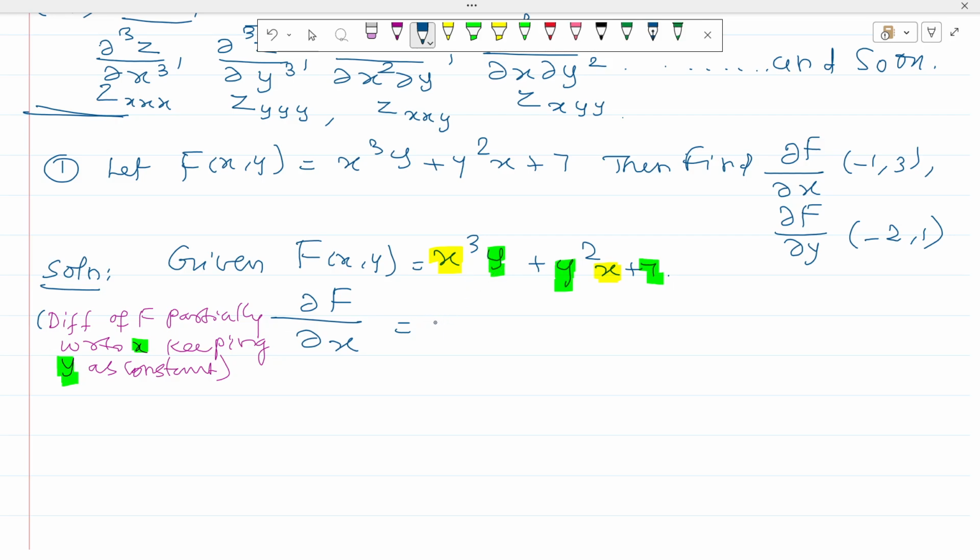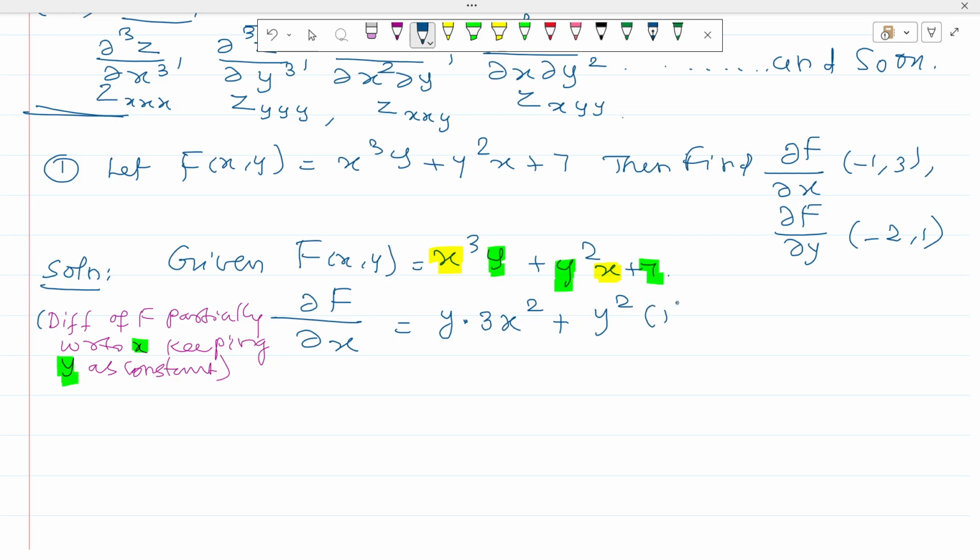y is a constant, right? Keep it y, and the differentiation of x cube is 3x square. Are you following this? Plus. Yes, sir. Okay. So the second one, if you are differentiating with respect to x keeping y as a constant, y square is constant.